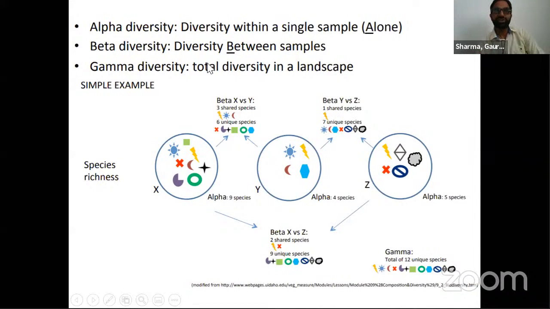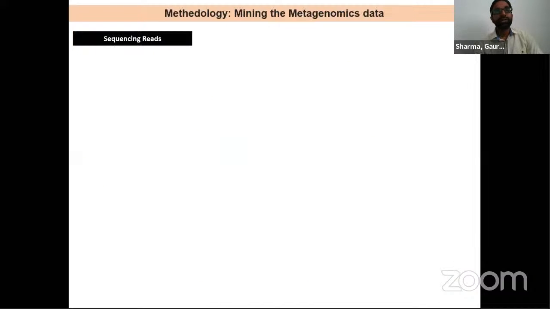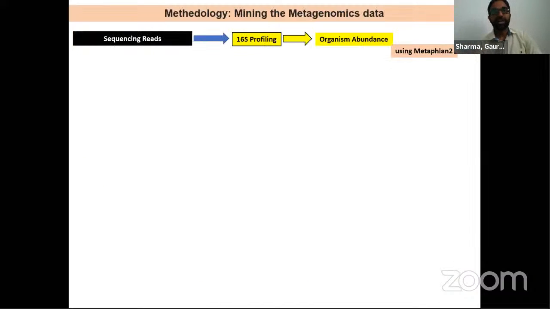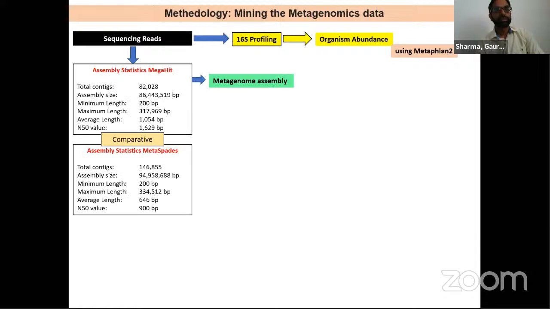We can do beta diversity analysis, which will tell us the diversity between samples. And then we can do gamma diversity, which will tell us the total diversity in a landscape.